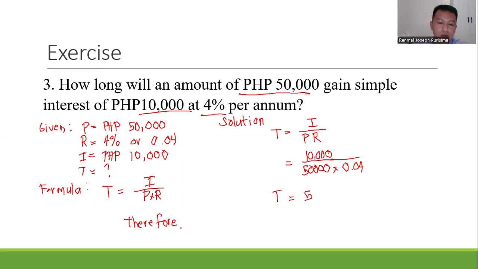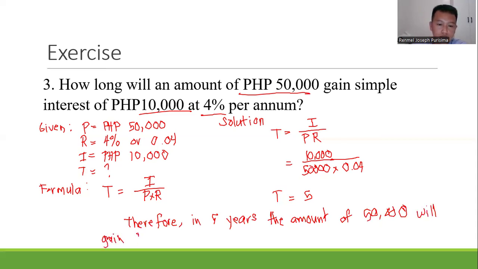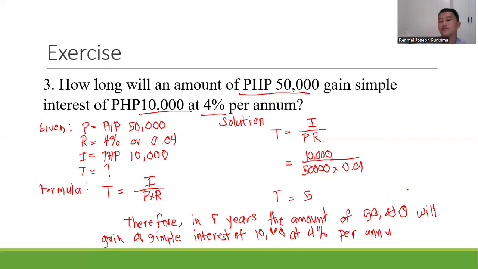Therefore, in 5 years, the amount of 50,000 pesos will gain a simple interest of 10,000 at 4% per annum.